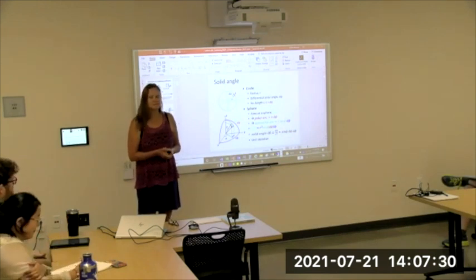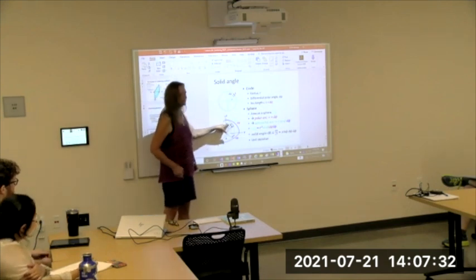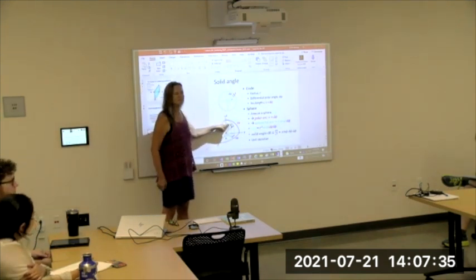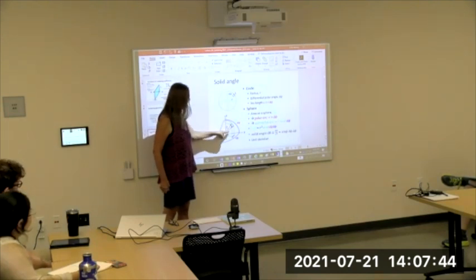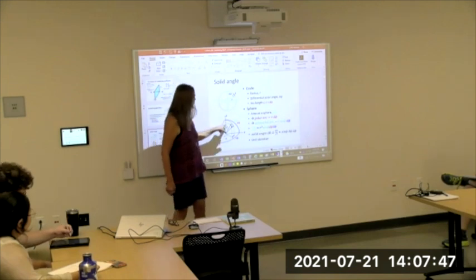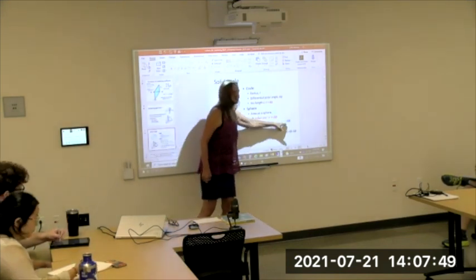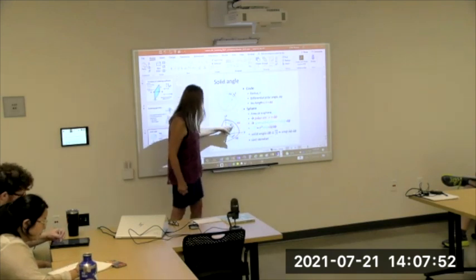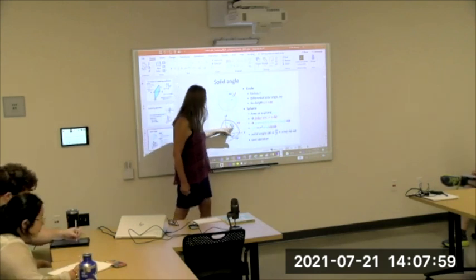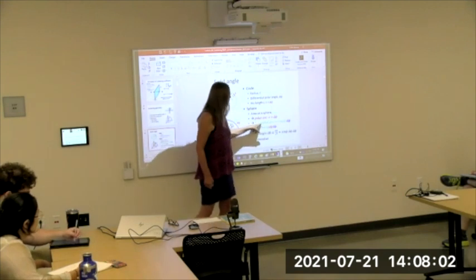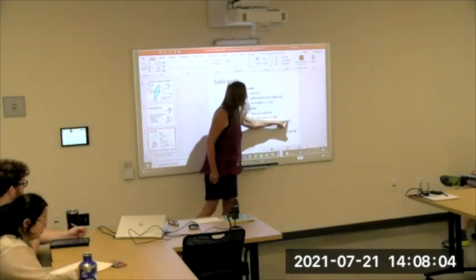If we want to know what this length is, it's sine, opposite over hypotenuse. So the sine of this angle is the opposite over the hypotenuse, and the hypotenuse is r. So the length of that is going to be r sine psi multiplied by the differential azimuthal angle, d phi. So that azimuthal arc, the blue length there, is r sine psi d phi.